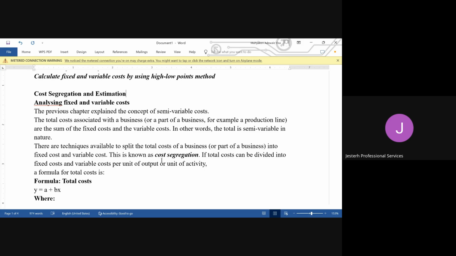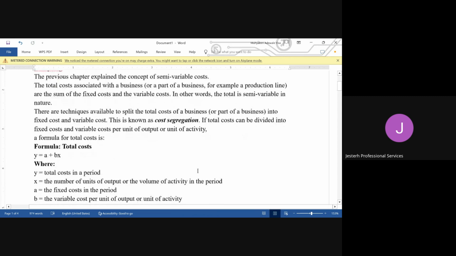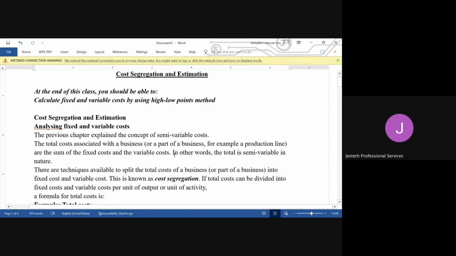They did not give us the actual amount that we are going to spend on the variable and on the fixed cost. They only give us the total cost. It means this total cost comprises the variable cost and then the fixed cost as well. Now, how can we split them? That is when this cost segregation comes in.